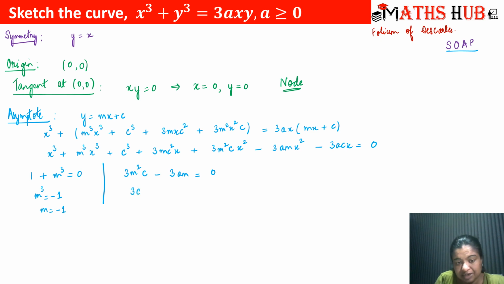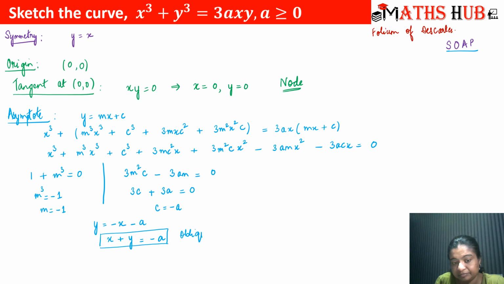We will get 3c minus 3a, m is minus 1, so that will make it plus, is equal to 0. So c is nothing but minus a. So the equation that we will get is y is equal to minus x minus a. So that means x plus y is equal to minus a is the equation of the oblique asymptote, right? So this is our oblique asymptote.